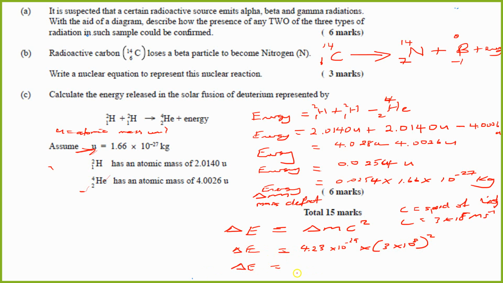When I finish working this out, it gives me 3.79 times 10 to the minus 12 joules. So this is basically the energy.